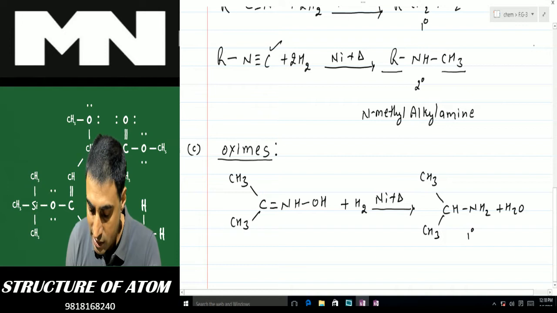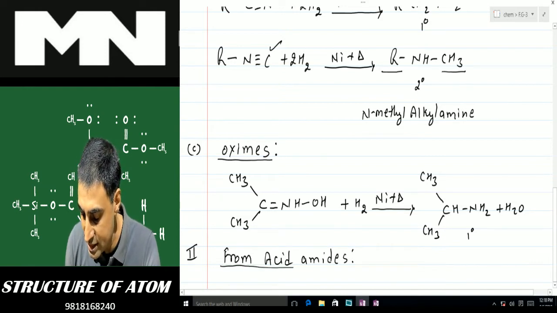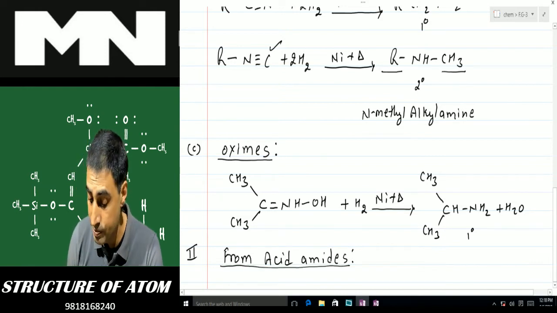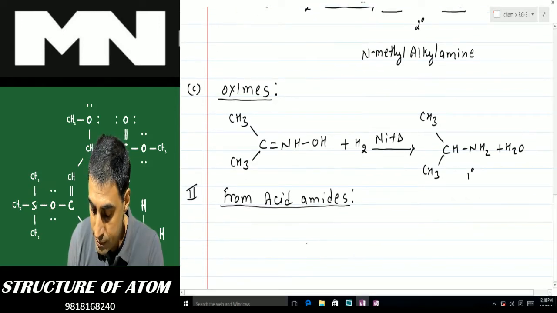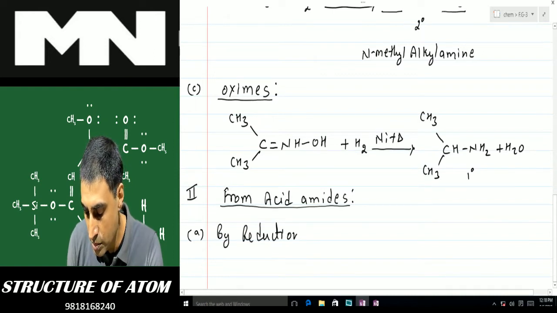Next method I'll tell you, that is from acid amides. This will involve three methods, and all of them are very important. First is by reduction of acetamide.